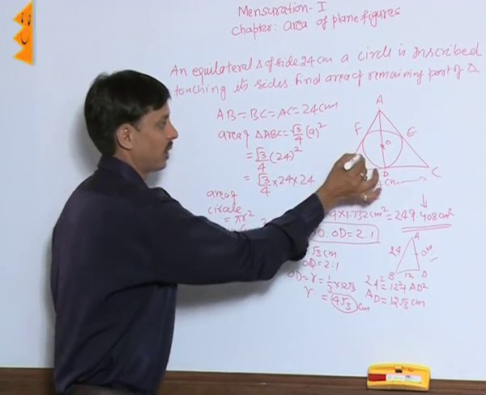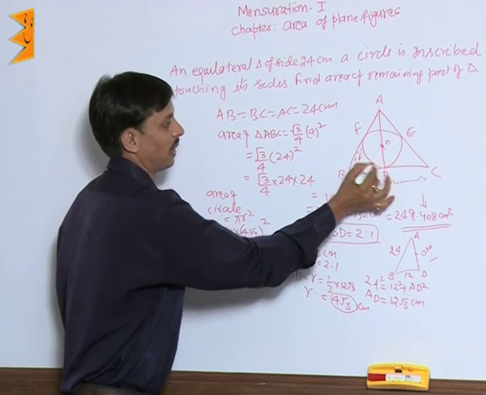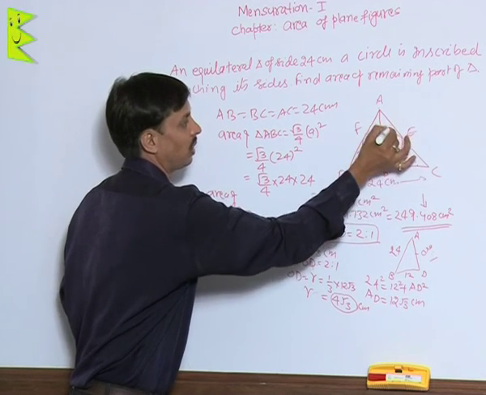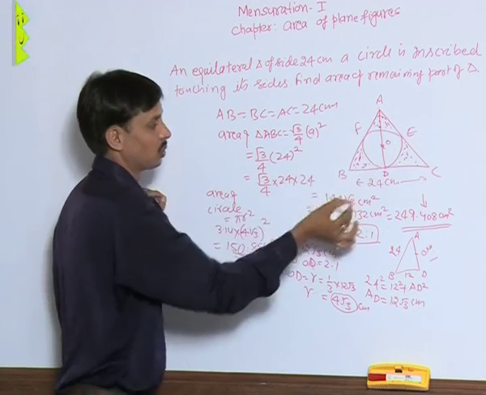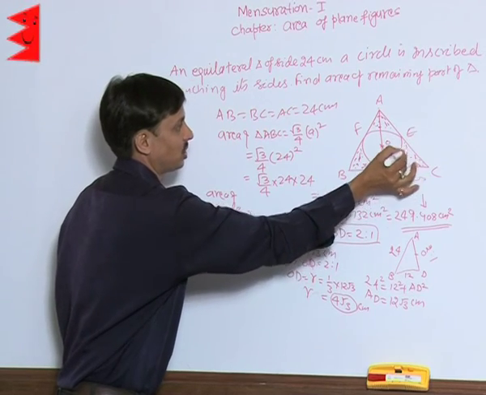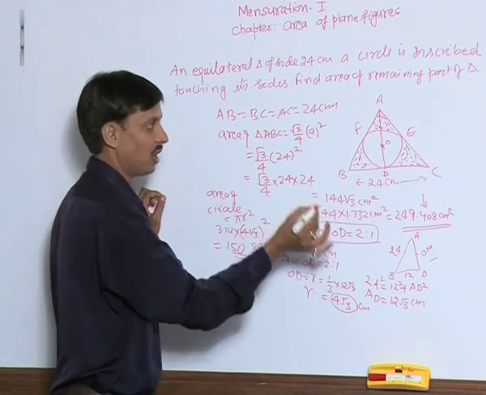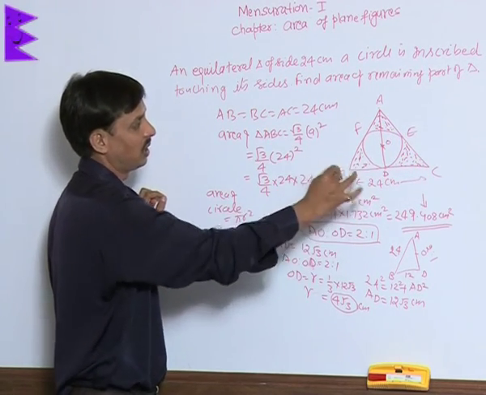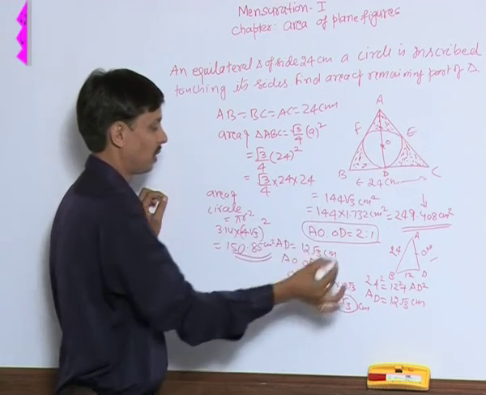We want to extract that area of the triangle which is not enclosed in the circle. That is what I am mentioning as the shaded, dotted portion, which can be calculated by subtracting the area of the circle from the area of the triangle.